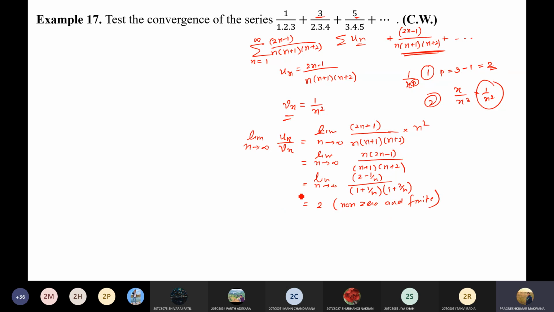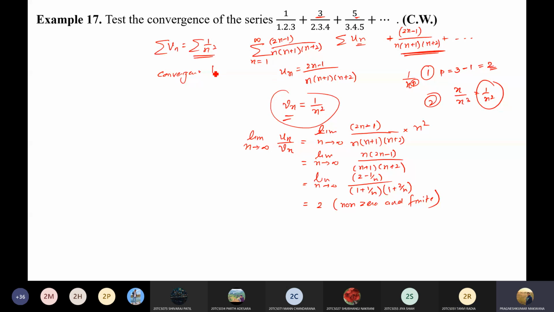So the limit comparison test is applicable. So what does the limit comparison test say? Depending on this, what is this series Vn? Is it convergent or divergent by using the P series? This is a P series, convergent. Yes, sir.